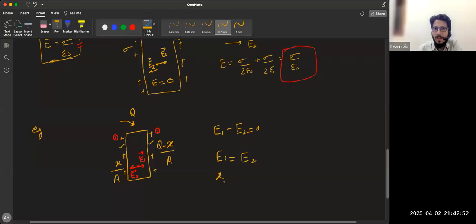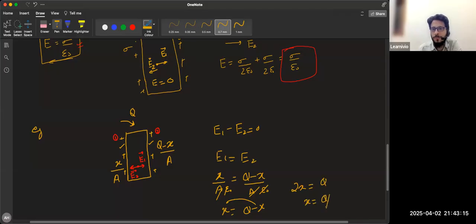Or you can simply write X by A is Q minus X by A. The field is sigma by epsilon naught, so X by A epsilon naught. This will get cancelled out here. So you have X is Q minus X. Take this X to the left hand side, you have 2X equal to Q, and you can write that X is Q by 2. Is it clear?